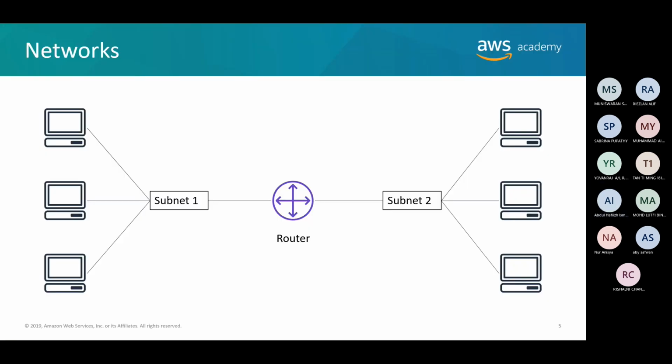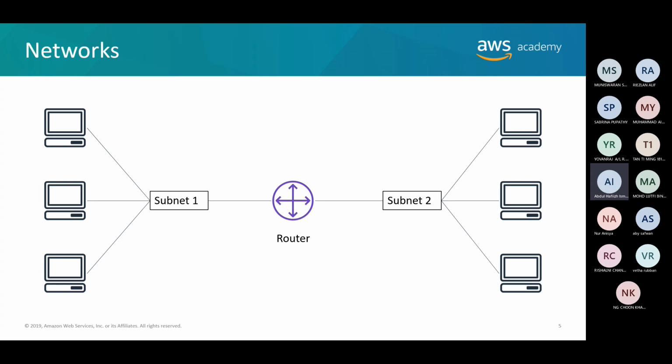Okay. So basically, a computer network is two or more client machines that are connected together to share resources. A network can be logically partitioned into subnets. For example, this subnet 1 and then subnet 2, and networking requires a networking device such as a router here.